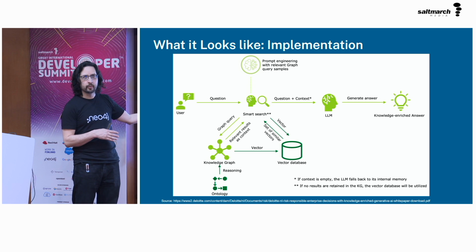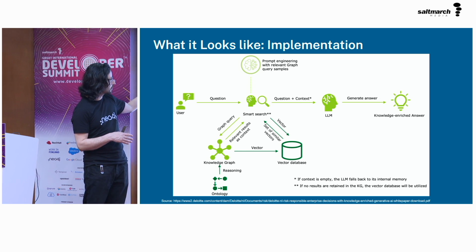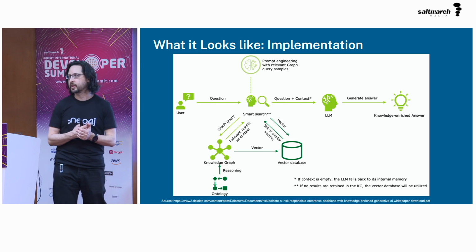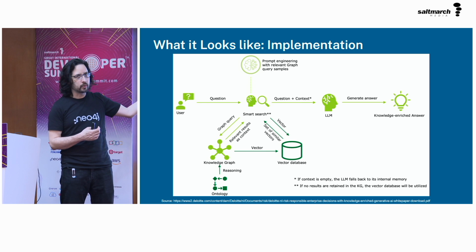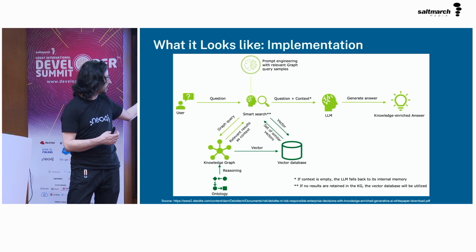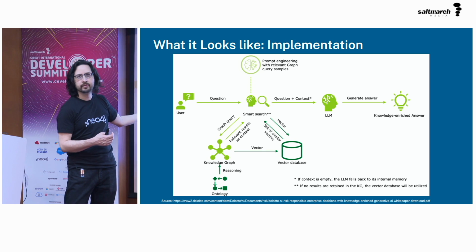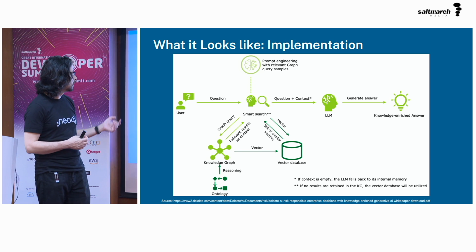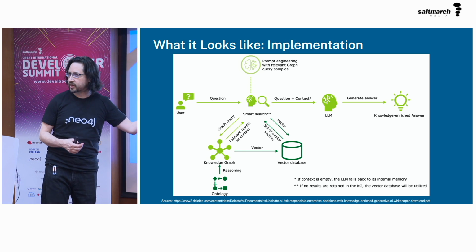So that's another great way which you can get additional context to the model. This information is then passed in as the question plus the context into the LLM. So now when the LLM gets the question, it's not only getting the initial question from the user, it's also getting context from your knowledge graph and possibly your vector database that will help it to improve its answer. And then it generates a knowledge-enriched answer from this.